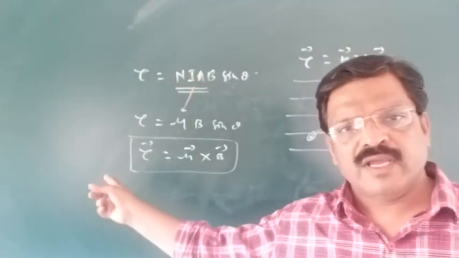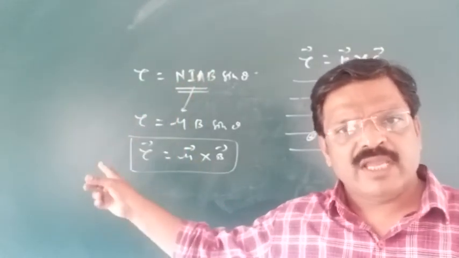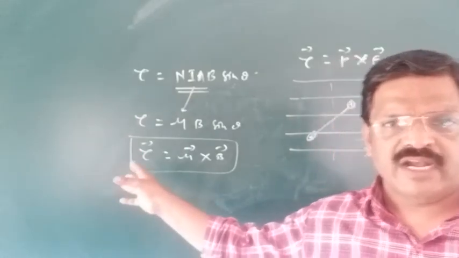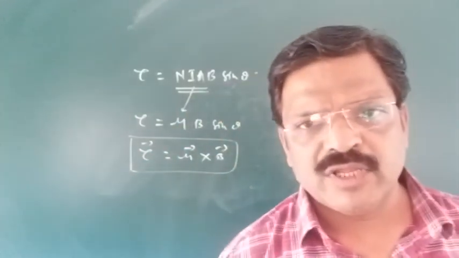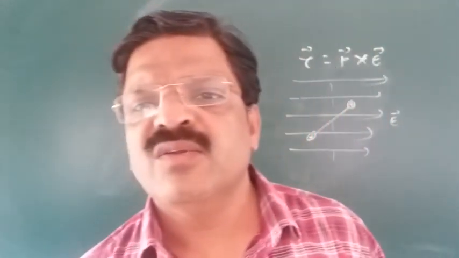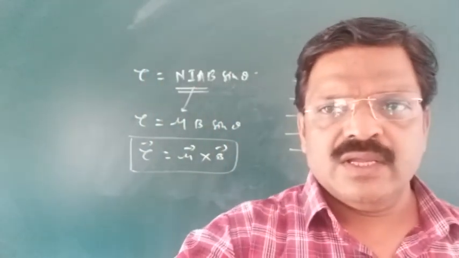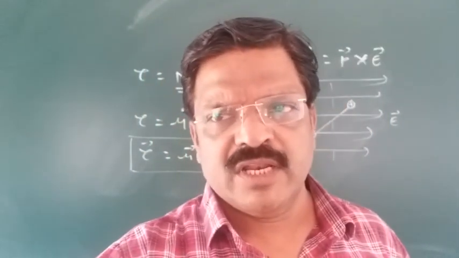One is for a current carrying coil kept in an external uniform magnetic field, and another is for an electric dipole kept in an external uniform electric field.